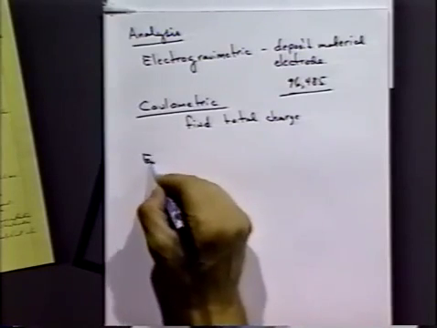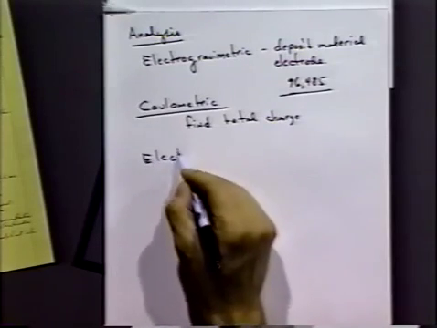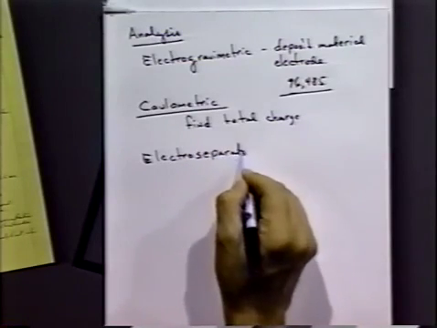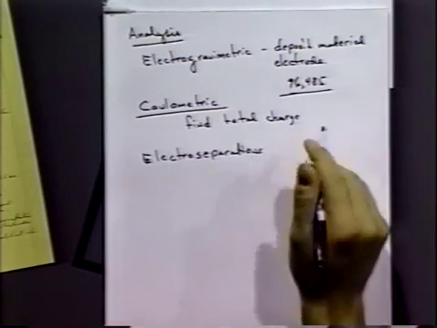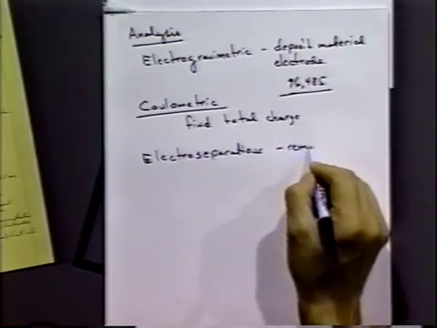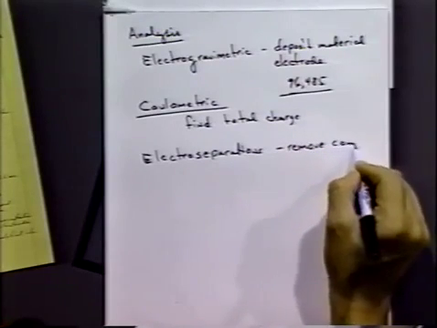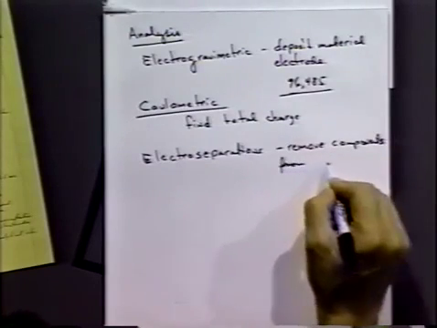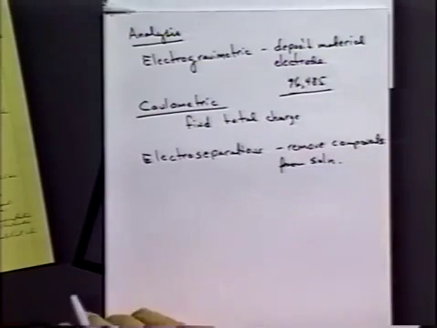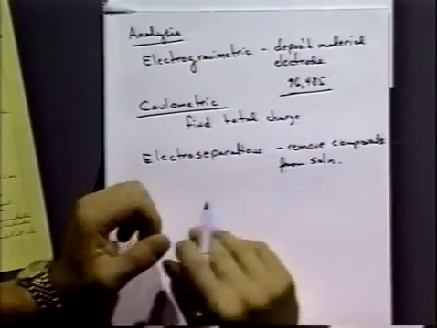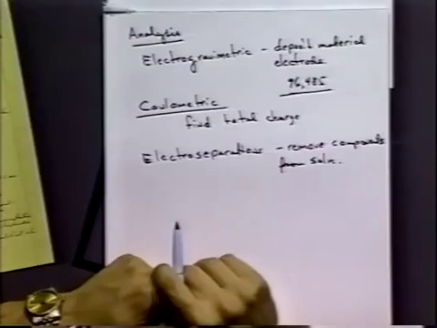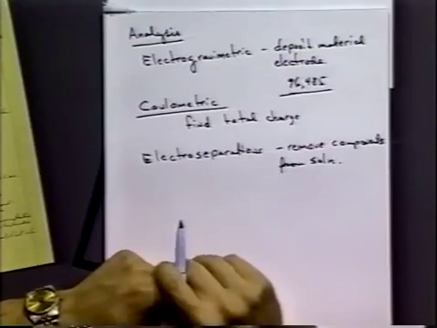The other major use of bulk electrolysis is electroseparations, where we're trying to remove components from solution. So you can use this. In fact, it's used quite a lot for what they call a, I forget the name now.